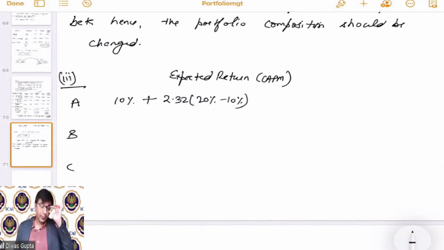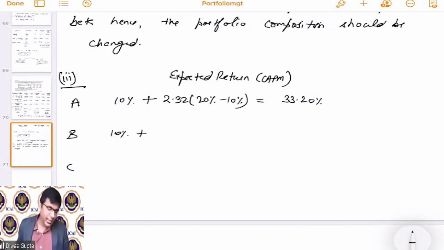Correct? So this gives us that if there is a beta of 2.32, the expected return as per CAPM should be 33.20%. This is the bare minimum expected return percentage as per CAPM, because you're carrying a very high beta. Correct? You're carrying a very high risk in relation to that of a market.